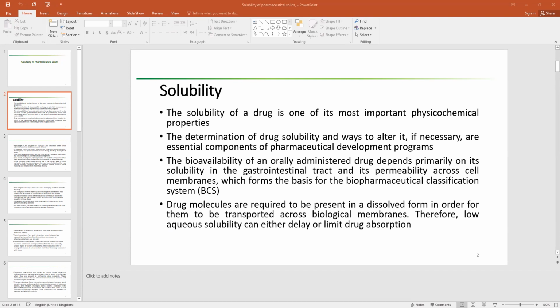In this way, there has been a classification called the biopharmaceutical classification system, BCS, where drug molecules are required to be present in a dissolved form, in their molecular form, as you recall from our bachelor studies, so they can be transported across the biological membrane. So this means that a low aqueous solubility can be related to delayed or limited drug absorption.